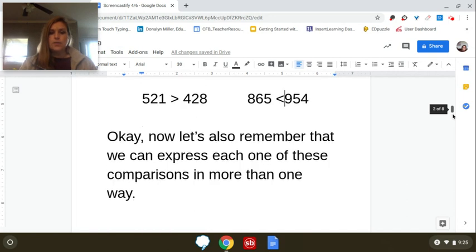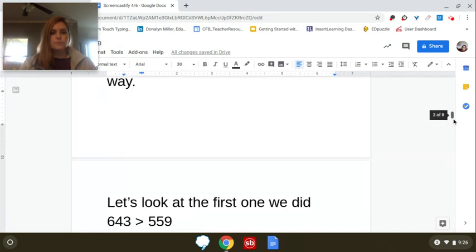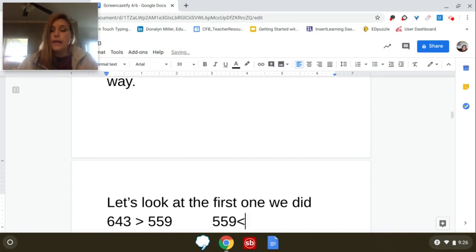Let's look at this first one. We have 643 greater than 559. And that's a true statement. But I could also say that if that is true, I could say 559 is less than 643.